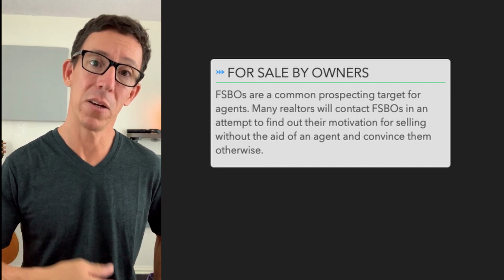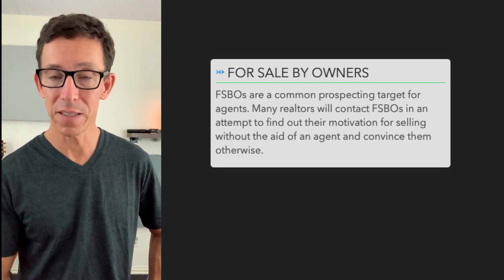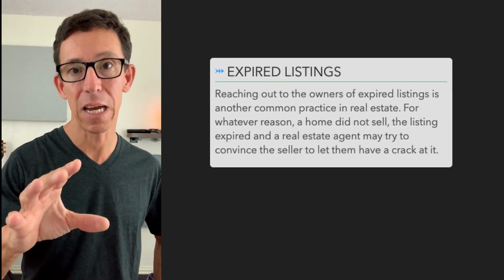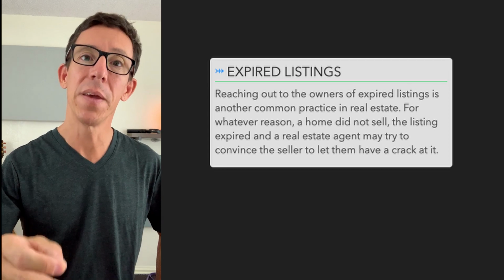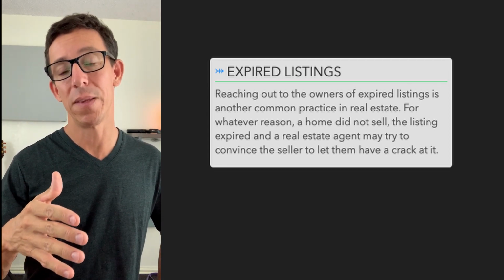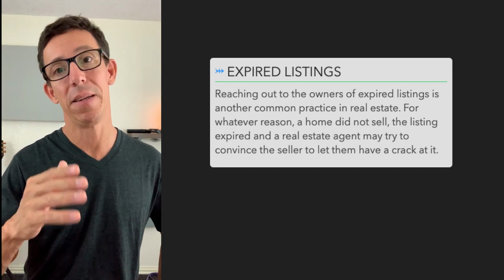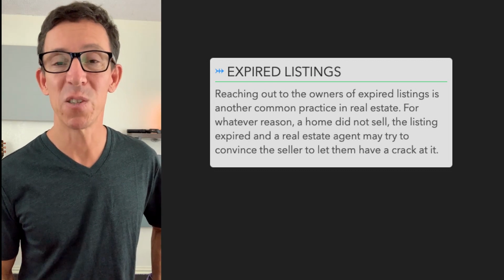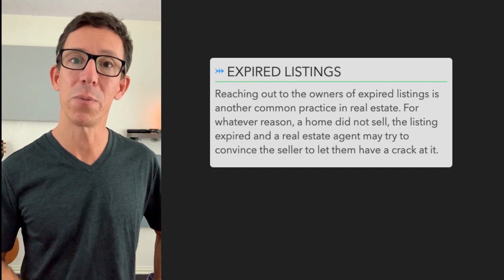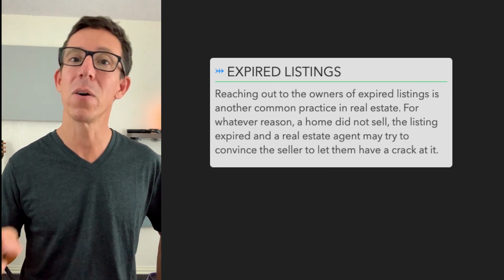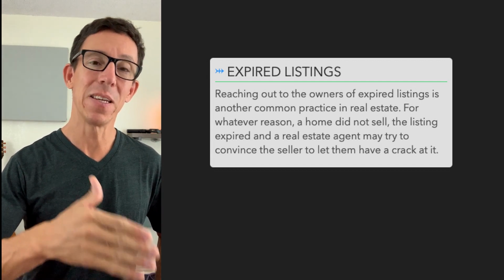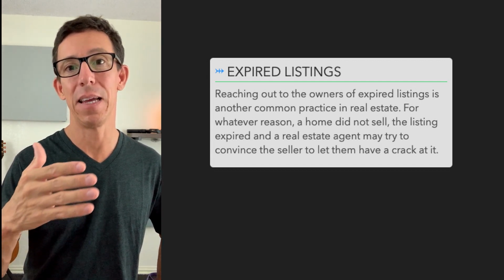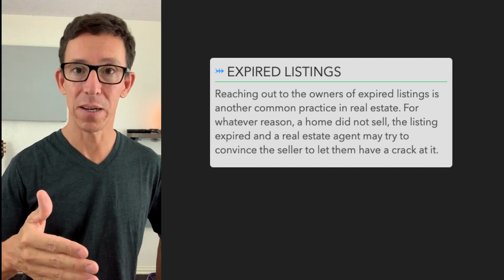As well as, that goes into our next one, expired listings. This is the same type of situation a lot of times where a seller tried to sell with an agent, but for whatever reason, it didn't sell. A lot of times I would speculate that the reason it didn't sell is because the agent didn't price it right, or the agent didn't stand up to the seller and say that your asking price is unreasonable.